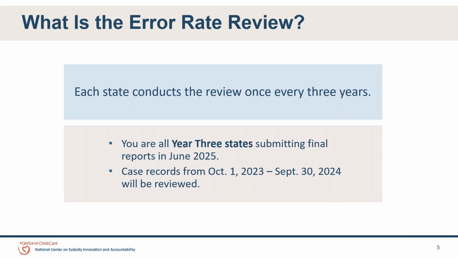And that report is based on case records that will be pulled from October 1st of 2023 through September 30th of 2024, so this fiscal year. That's what we refer to as the review period. So we are in that review period now. That's the period from which you'll be drawing cases, and then you'll report on your results in a little over a year from now.